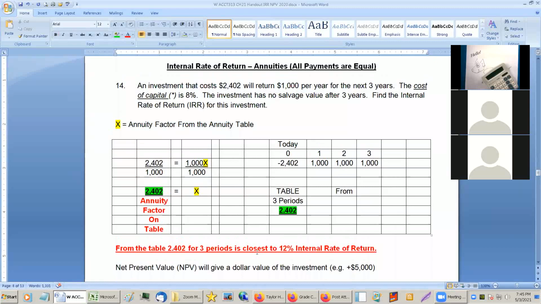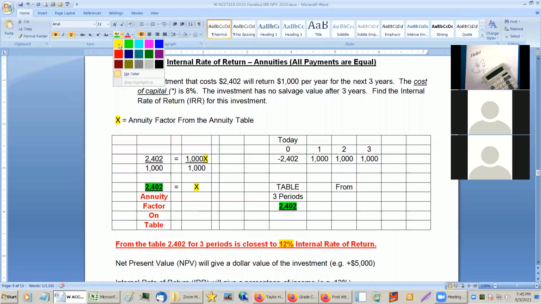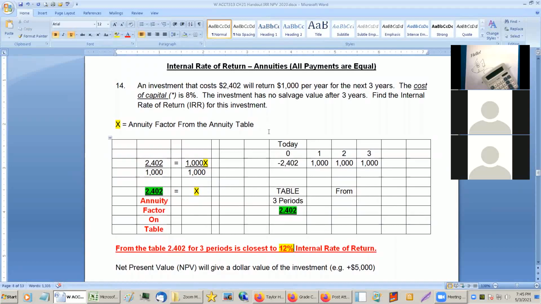So here's how you kind of use this. They're making 12%, right? So 12% is the amount that they're making, and you're going to compare that to that. Okay, so if you're paying the bank 8% and you're making 12%, you want to do that as many times as you can.